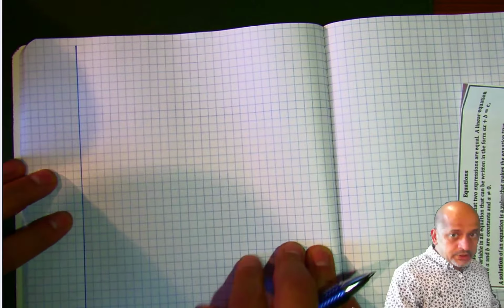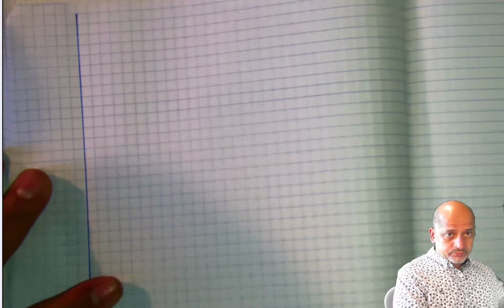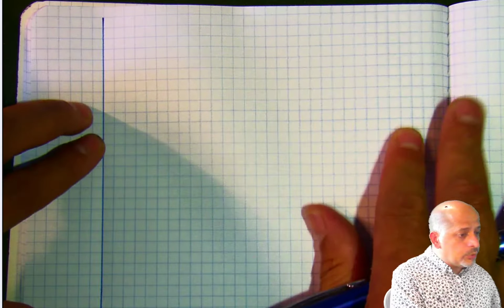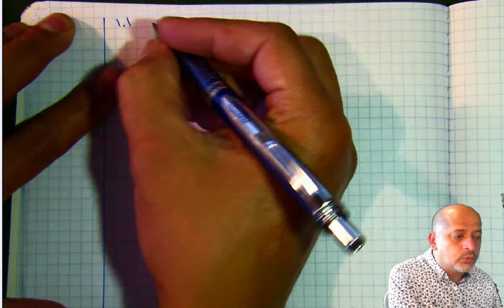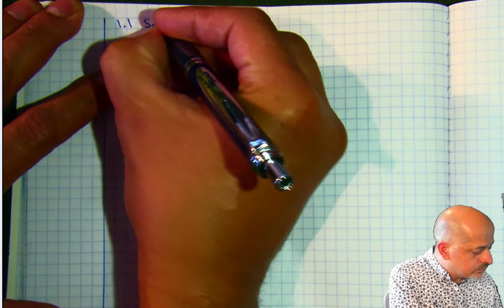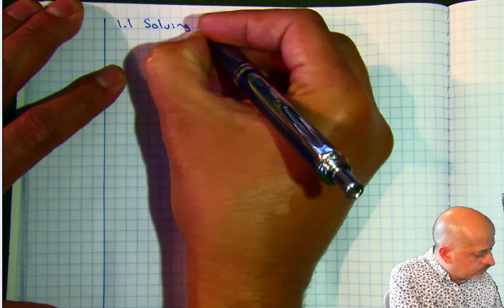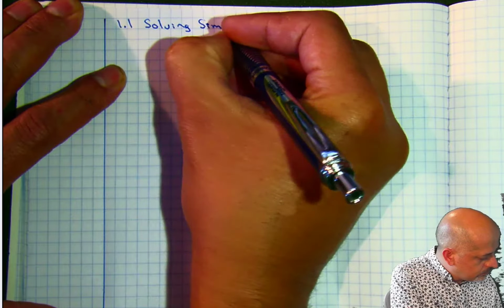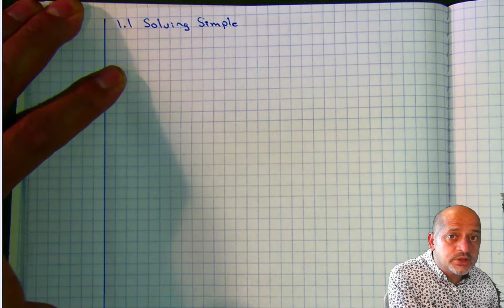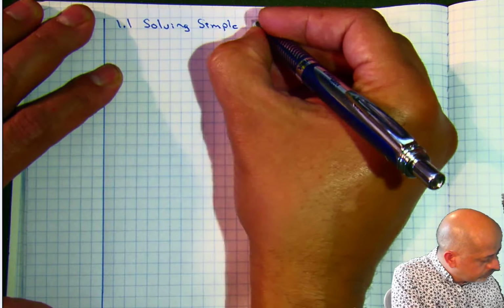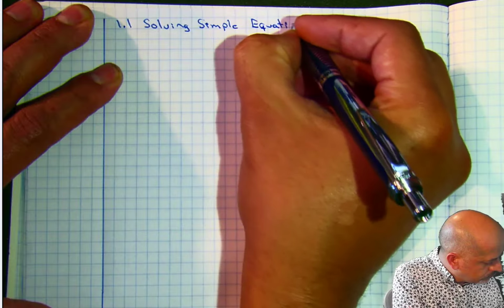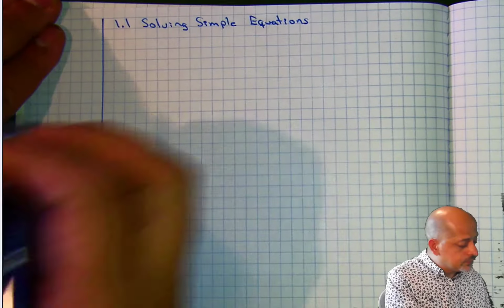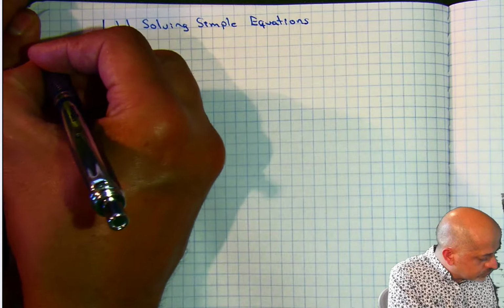And now we are going to write down the title on top. Your title is section 1.1, Solving Simple Equations. Make sure that you guys are using a pencil. And now your essential question for today. Make sure to write down your essential question.